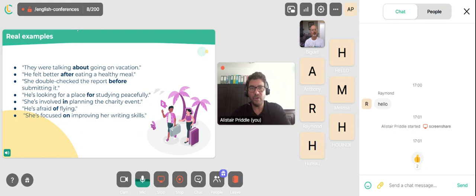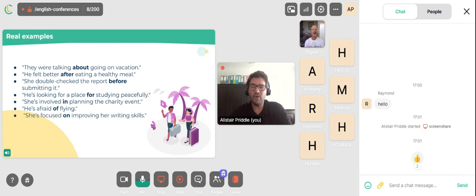So here we have those prepositions in real examples with gerunds. Have a listen to these. They were talking about going on vacation. He felt better after eating a healthy meal. She double-checked the report before submitting it.